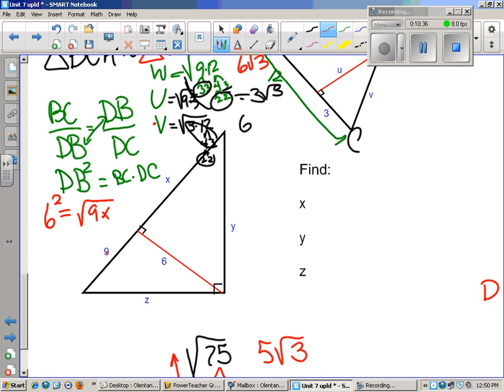And whatever you do to one side, you got to do to the other. So you square both sides. The square and the square root cancel each other out. So all I have left on this side is 9x. And on this side, 6 squared is 36. Divide by 9, and x is 4. So now I know the pieces that I need to solve for the other two. So x is 4.